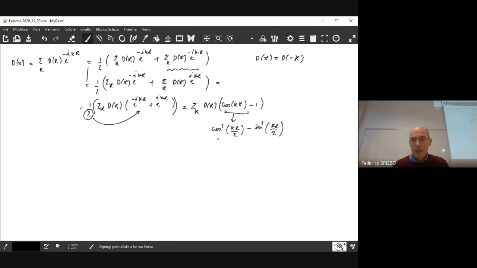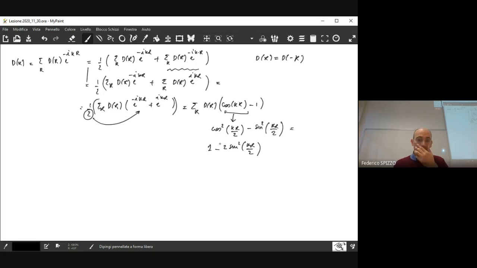So you may just introduce this expression into this formula, and then if you write the square of the cosine as 1 minus the square of the sine, you have 1 minus twice sine square of kr divided by 2.